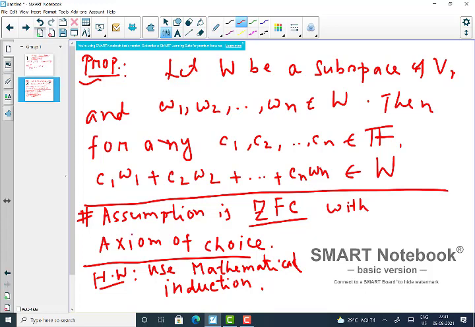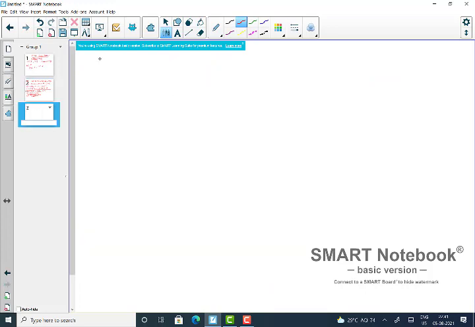Now these kinds of sums have a nice name. They are called linear combinations. Let me define it thoroughly. What do we mean by a linear combination?